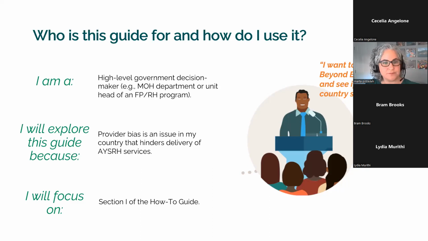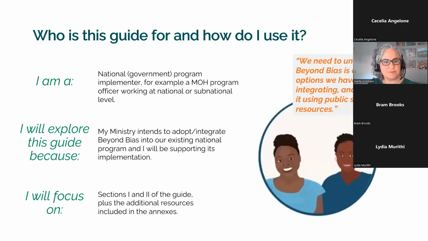For example, if you are a high-level government decision maker and recognize that provider bias is an issue hindering AYSRH services, you'll want to focus on section 1 of the how-to guide to determine if your country should adopt the Beyond Bias approach to help overcome the challenge of provider bias as it relates to adolescent and youth sexual and reproductive health. This is more about deciding whether the model is right for your setting. Next slide, please.